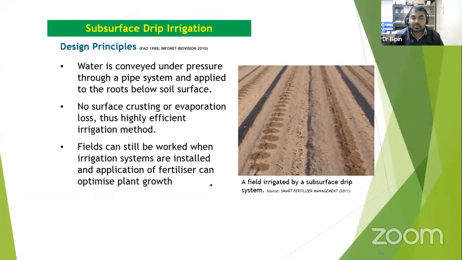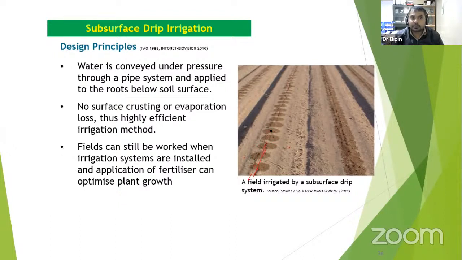After that, there is also a subsurface system. We were talking about the surface, but in subsurface there is a design where we can apply the drip system inside the soil, and we can make a furrow. Inside that, the drip system gives the water, and on the ridge we can sow our crops.